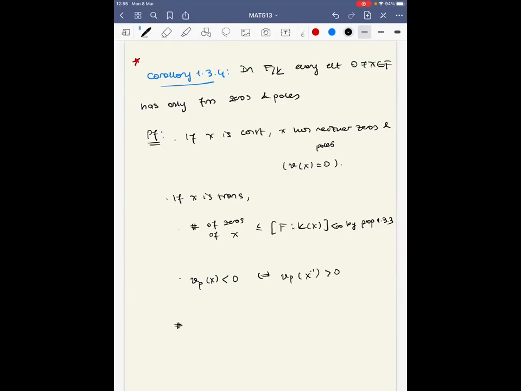So similarly to what we did for x, the number of zeros of x inverse is bounded above by this extension degree, and the zeros of x inverse and the poles of x are in one-to-one correspondence. We can conclude that also a function x has finitely many poles.